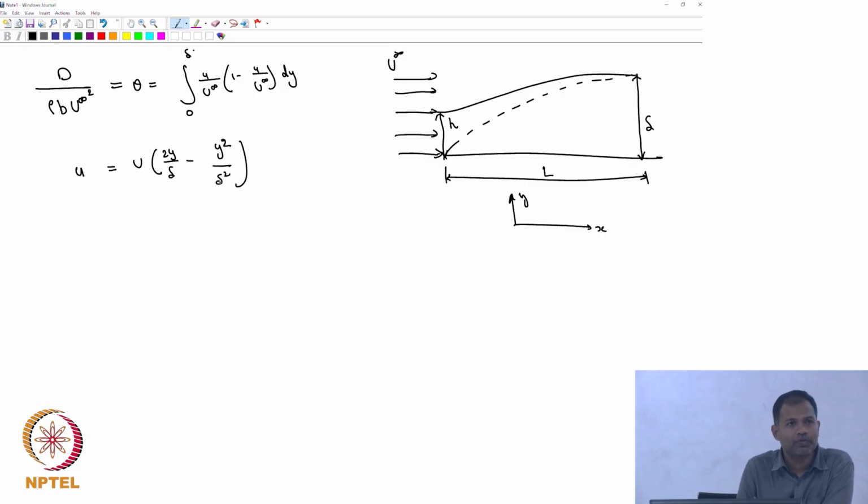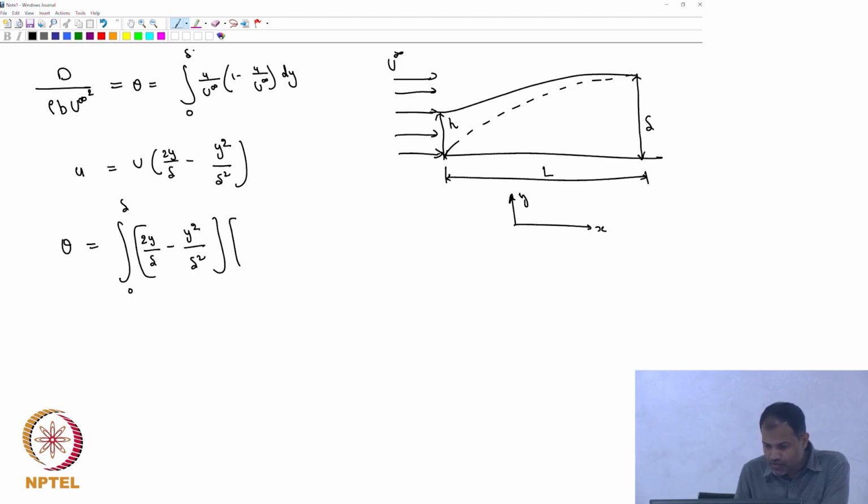So we could continue. We'll first calculate the so-called momentum thickness theta equal to integral 0 to delta of u by u infinity, that's 2y by delta minus y square by delta square, times 1 minus u by u infinity, that's 1 minus 2y by delta plus y square by delta square, dy.